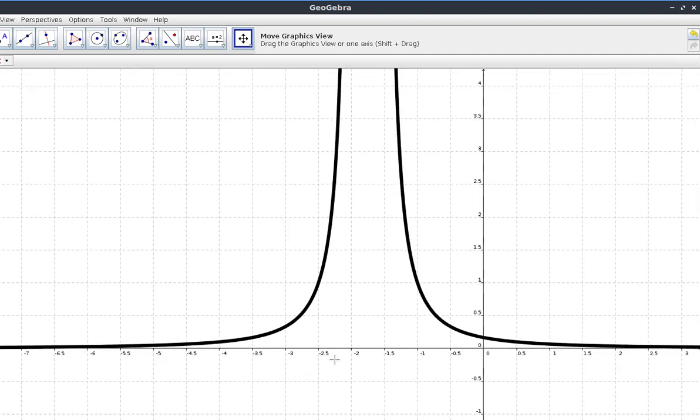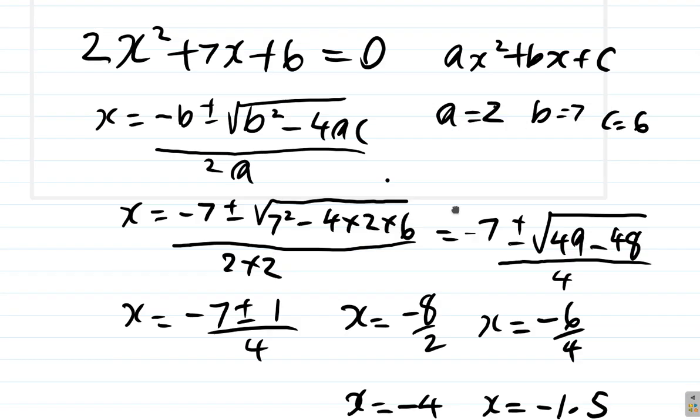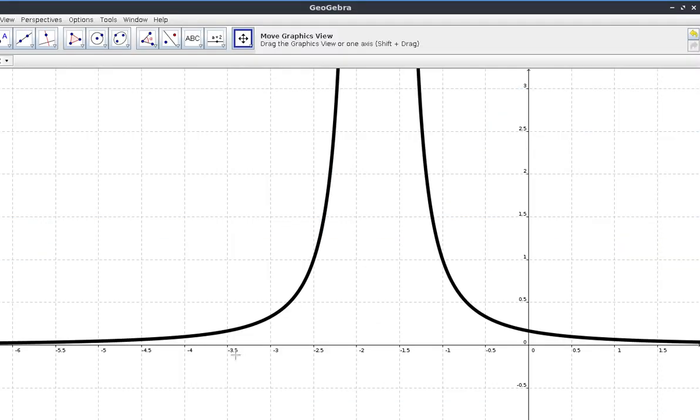Now, if we zoom in, oh my, what did I do earlier? It would have been over 4. Why did I put this over 2? It's over 4. It should be negative 2. So the x is over 4, so this should be negative 2. I made a mistake there. Negative 2 and negative 1.5. This is negative 2. It's negative 1.5.